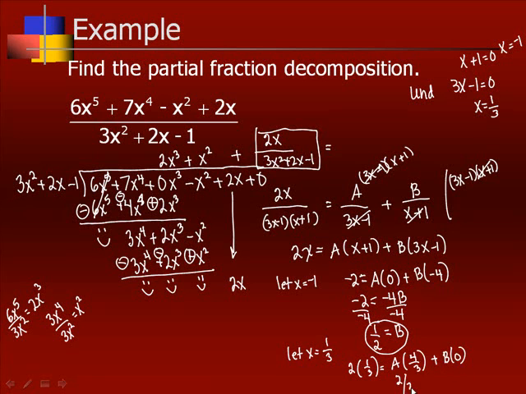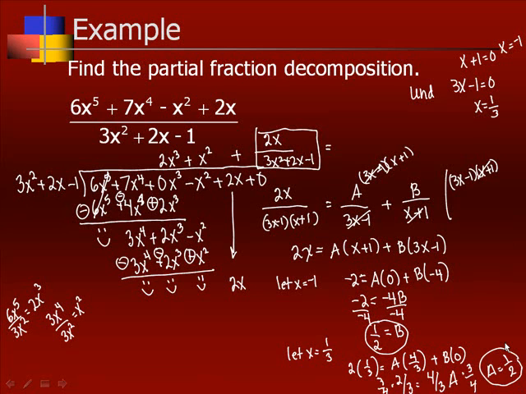So we get 2/3 is equal to 4/3 A. Multiply both sides by 3/4, and we get A is equal to 2/4, which is 1/2 also.